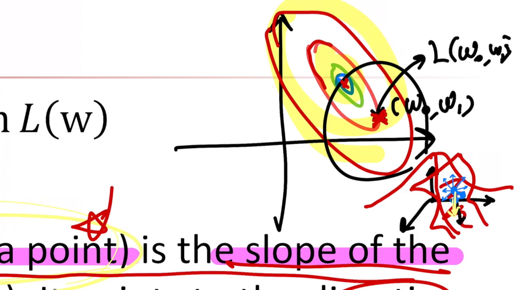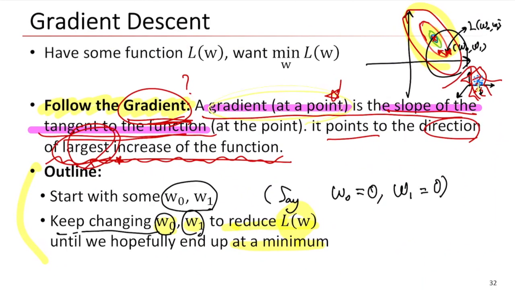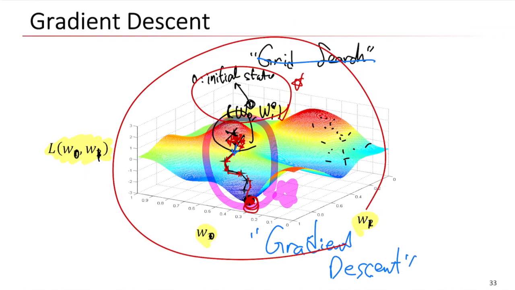The best direction to arrive at this optimal minimum value is to follow the gradient direction like this. So this is the main idea of gradient descent.